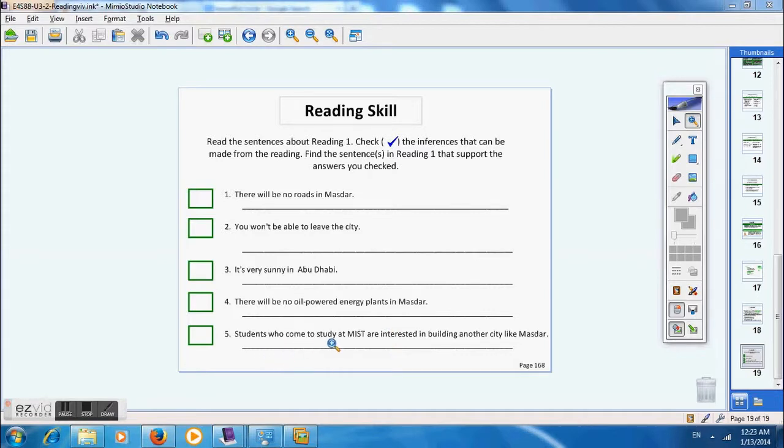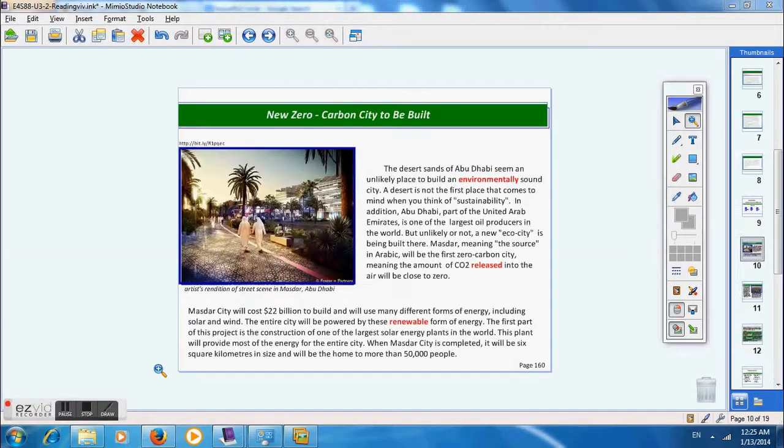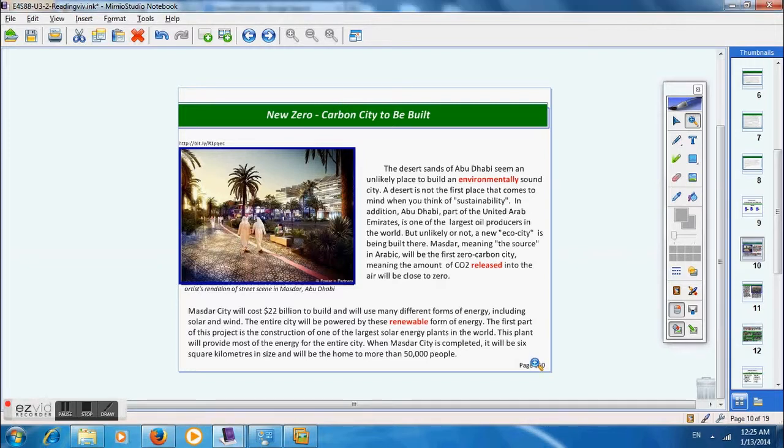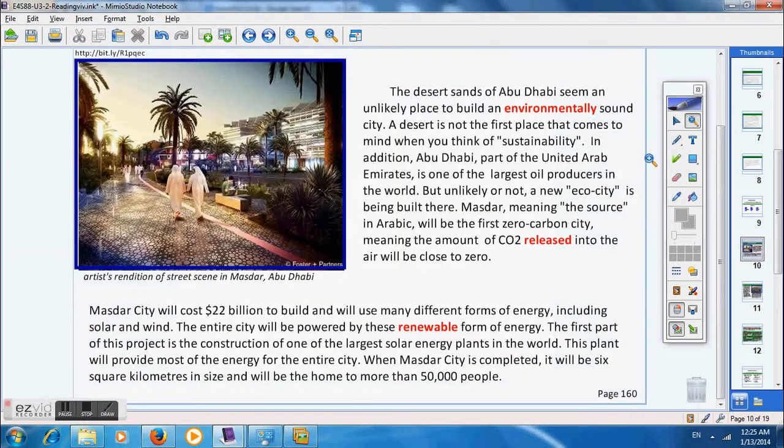Students who come to study at MIST are interested in building another city like Masdar. So all you need to do is go back to page 160 and find the sentences that have the inferences of the statements we have in 1 to 5, on page 163. Please pause the video.